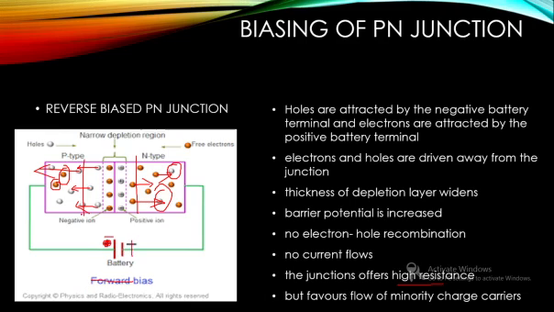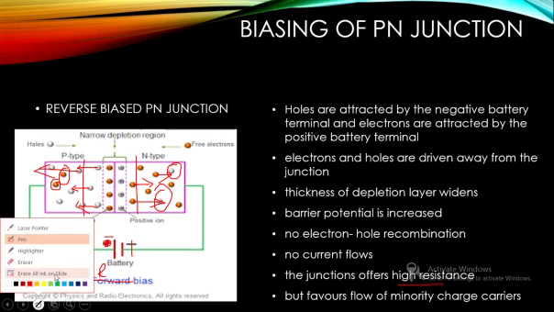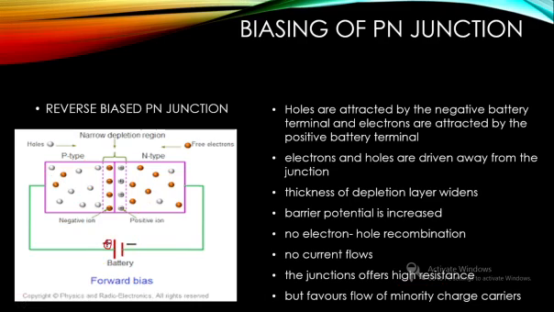Okay, so here you can see that the electrons will be repelled by the negative charge in the reverse biased case, and the minority charge carriers, holes in the n-type region, will be, so let me show it again.